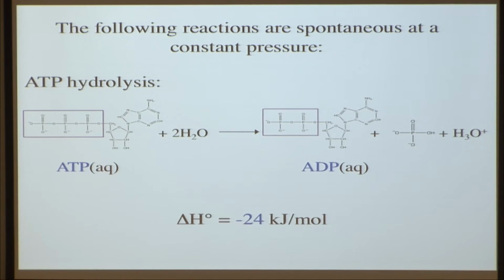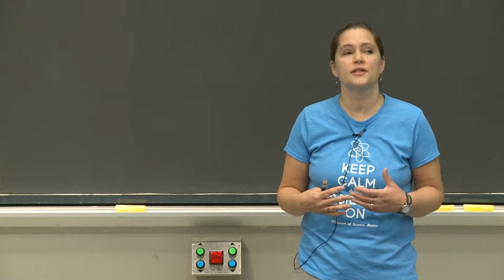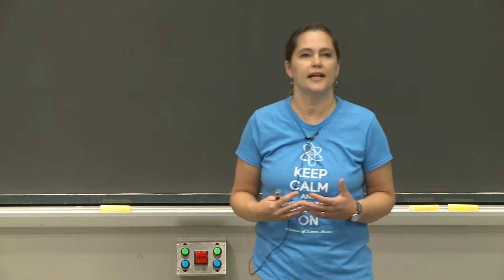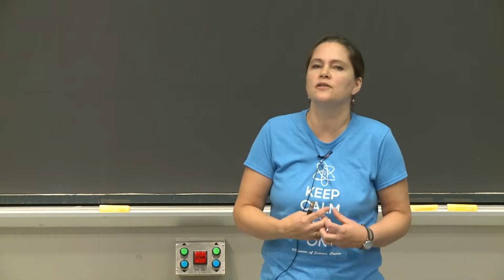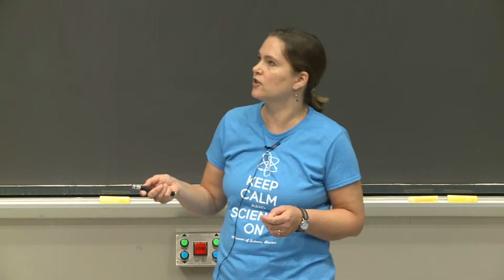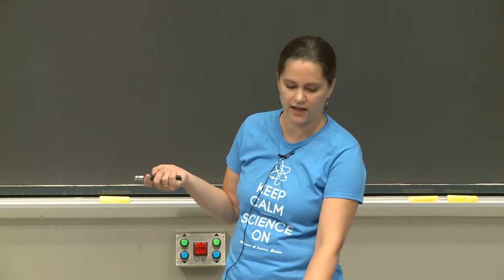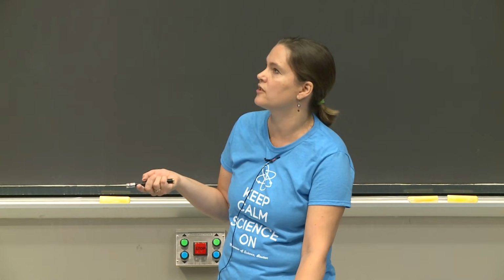We also have a delta H naught of minus 24 kilojoules per mole. And remember, when we oxidize glucose in our body, we store that energy in ATP. And we want that ATP to be around. And then when we break ATP apart, it releases the energy. So this is a very important biological process. And you have a negative value, an exothermic reaction.